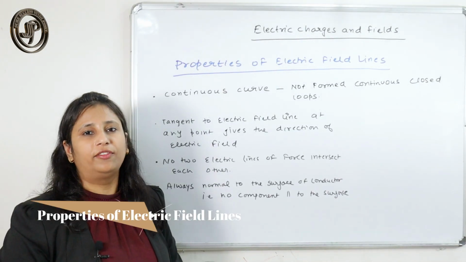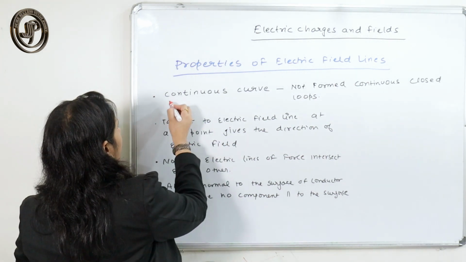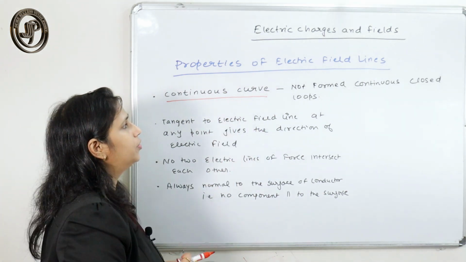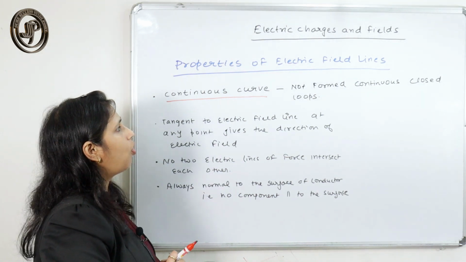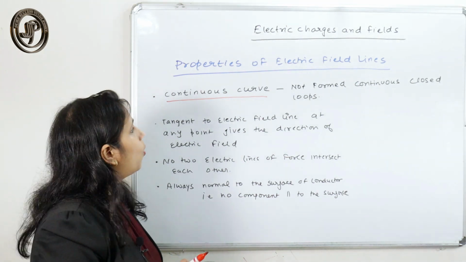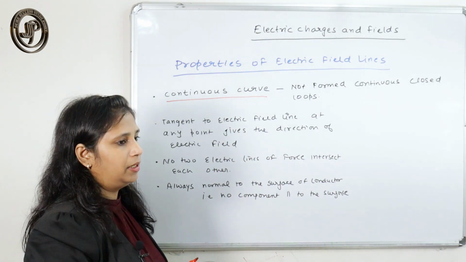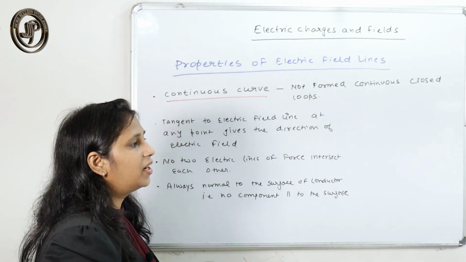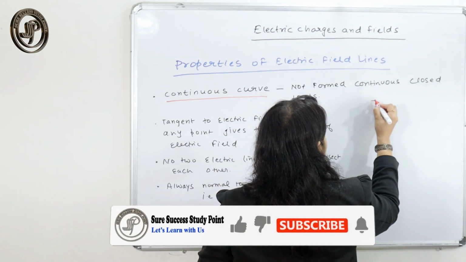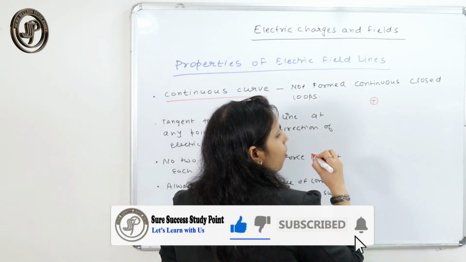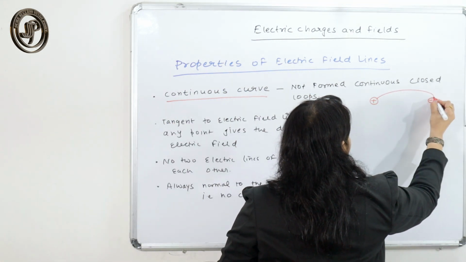Properties of electric field lines. So what are the properties of electric field lines? The first important property is that they form continuous curves but do not form continuous closed loops. Why don't they form closed loops? They always start from the positive charge and end at the negative charge.